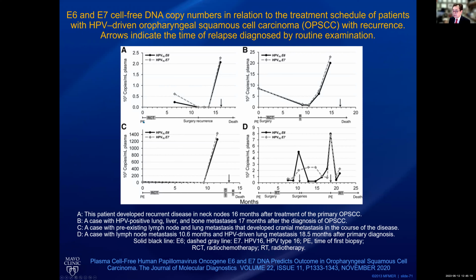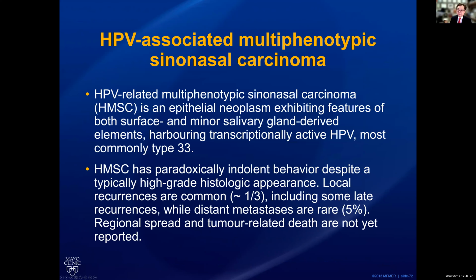So this is a very nice paper published in 2020, and a lot more papers were published after that. So that's a liquid biopsy, and it's very valuable in our daily practice to monitor recurrence and treatment efficacy.